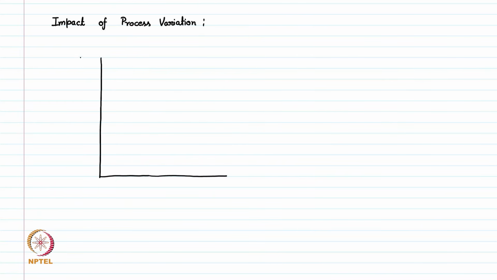So the impact of process variation. This is V out, this is V in. Let's draw the first VTC.